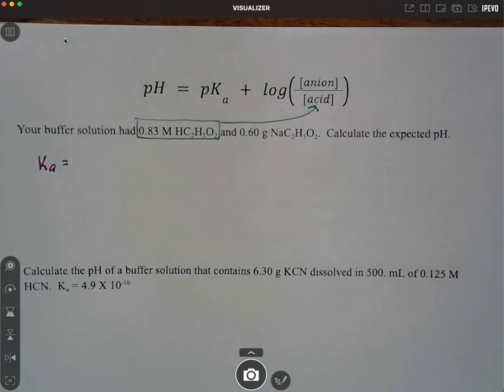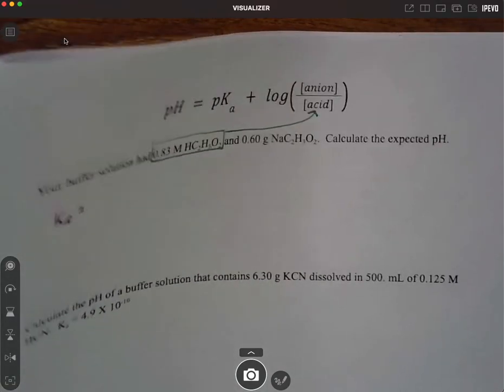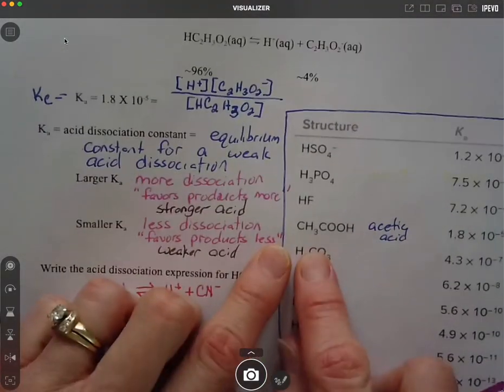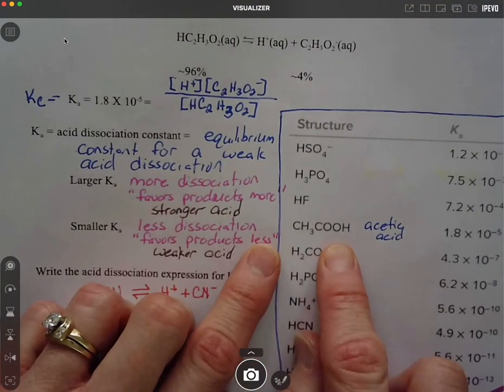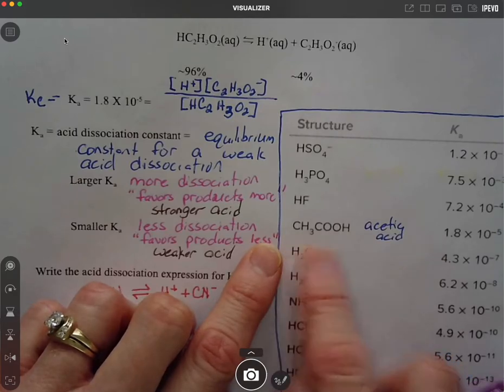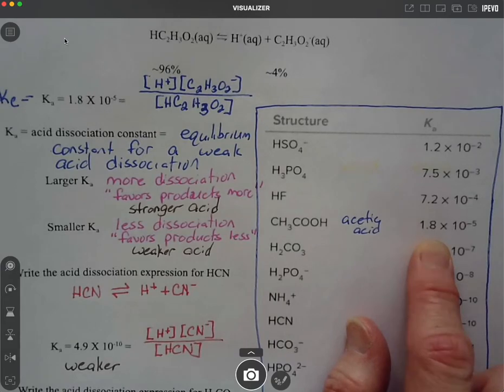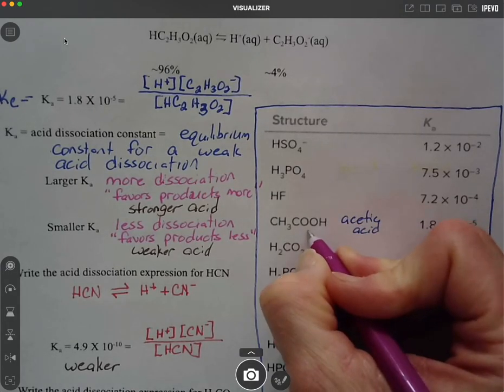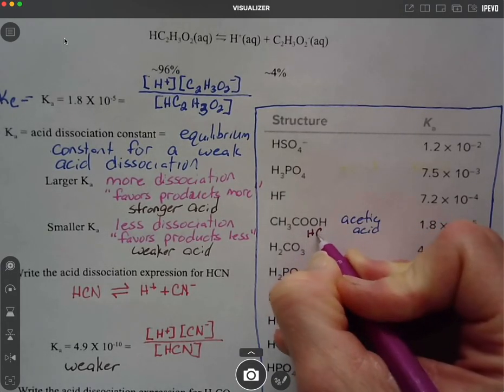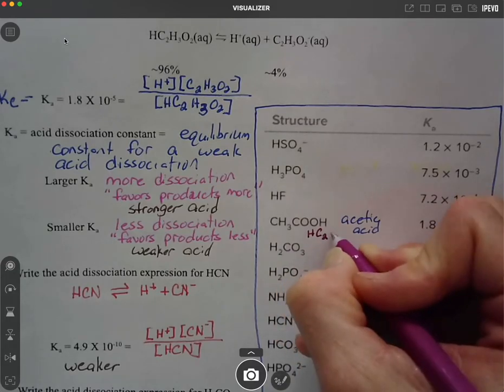So we need to go back to that table and look up the Ka for acetic acid. So go back to our table. It's written a little bit differently, but this is acetic acid, 1.8 times 10 to the negative fifth.